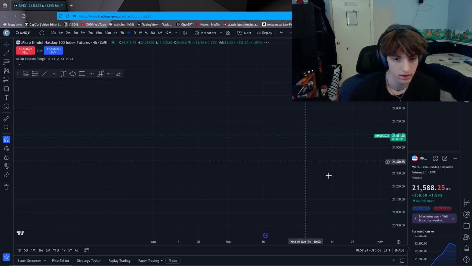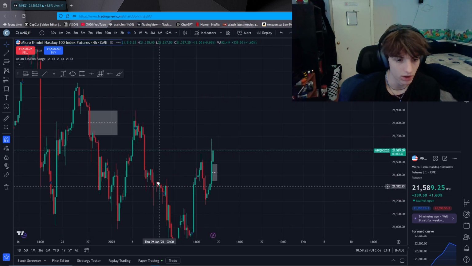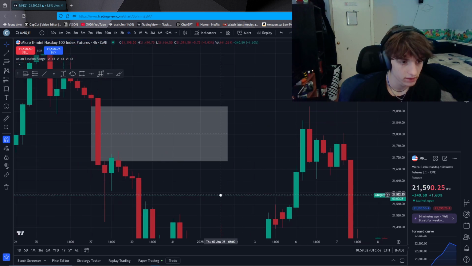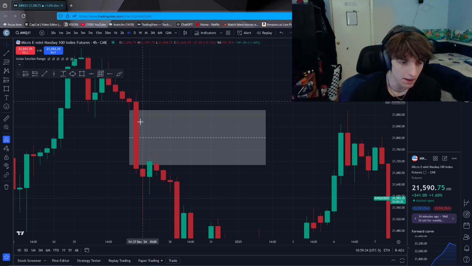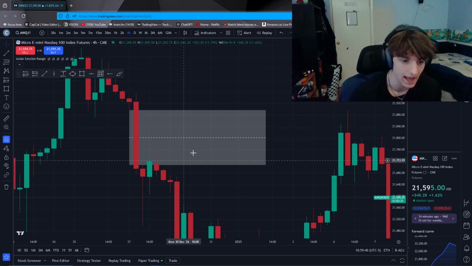No wonder. The reason fair value gaps work is because right inside the gap, there was a whole bunch of sell orders that created this big candle and the gap.